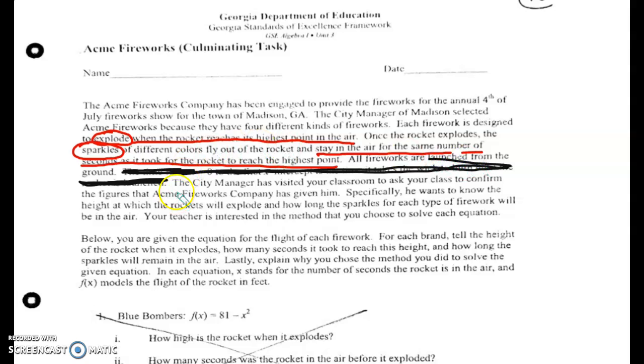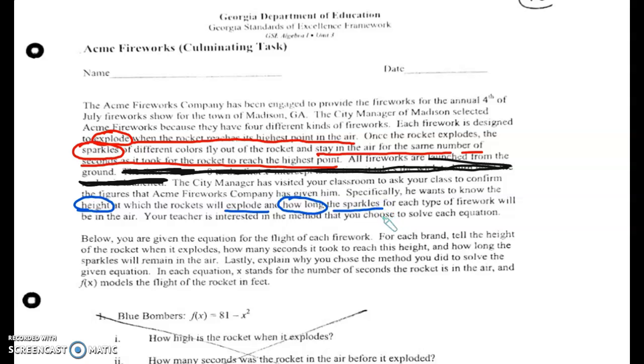The city manager has visited your classroom to ask your class to confirm the figures that Acme Fireworks Company has given him. Specifically, what does he want to know? He wants to know the height at which the rockets will explode, and how long the sparkles for each type of firework will be in the air.